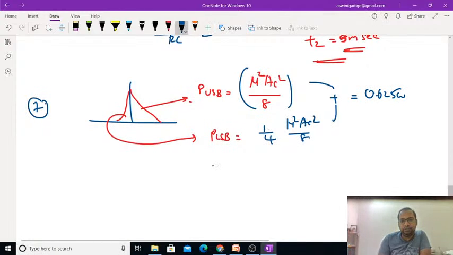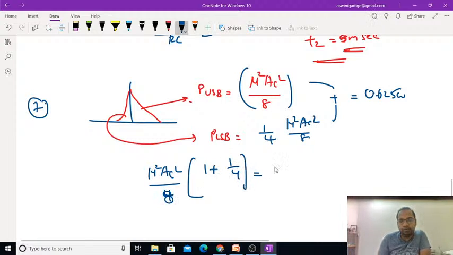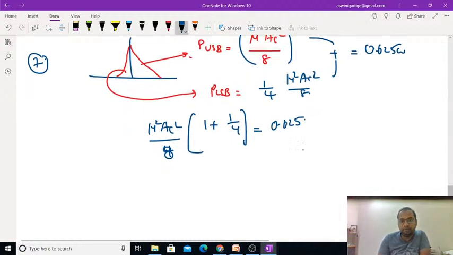So just add both these and take mu square Ac square by 8 as common. Then I will get 1 plus 1 by 4 is equal to 0.625. From this, mu square Ac square is equal to 0.625 into, doing the LCM, 5 by 4, so taking 4 by 5 into 8.